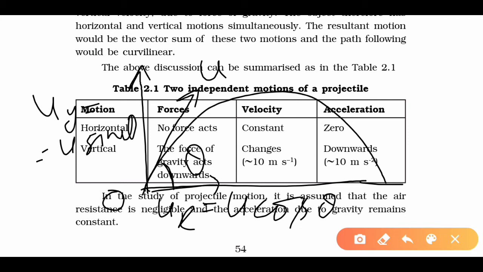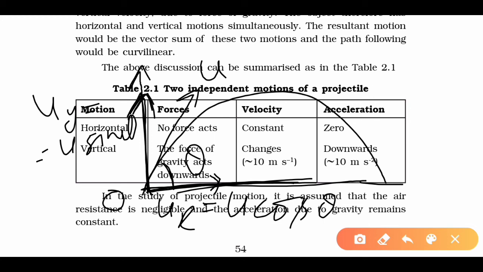Now, when the object is moving in this direction, it is simultaneously doing two motions, horizontal motion and vertical motion. That means in the x-axis and in the y-axis, in both the axes it is moving.